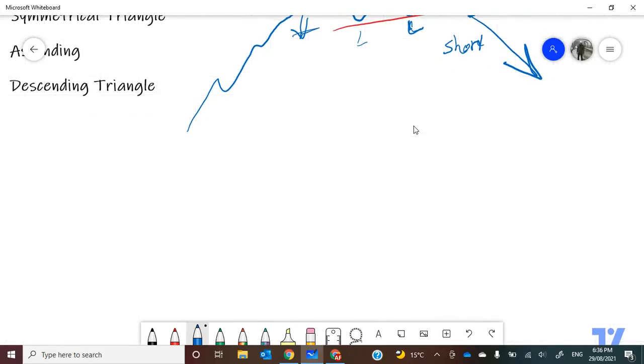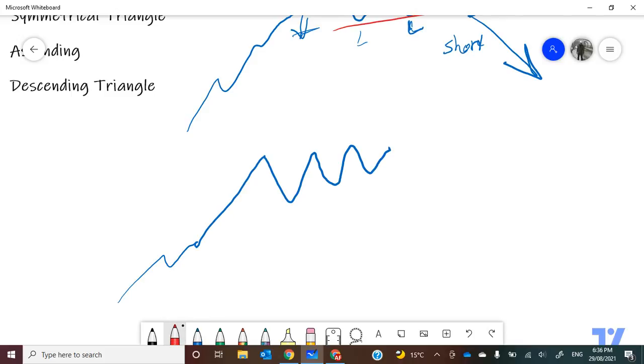The other shapes of the triangle patterns are very similar. The ascending triangle is a bullish formation normally. For example, price is just moving like this, then it goes to a point where you can see a resistance line here.